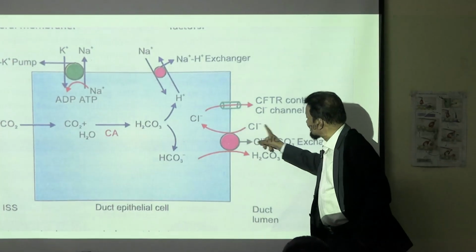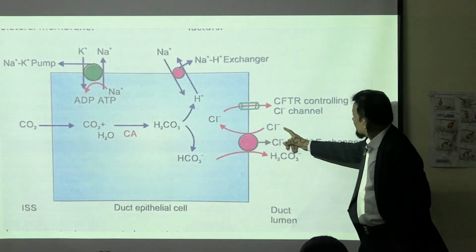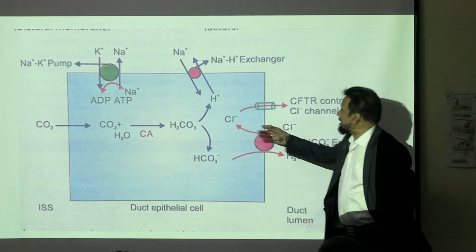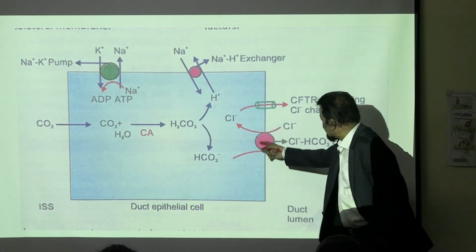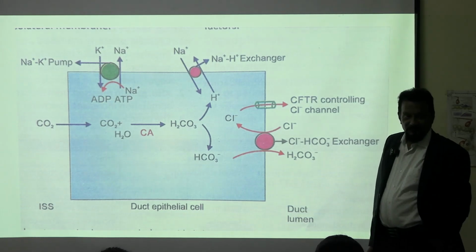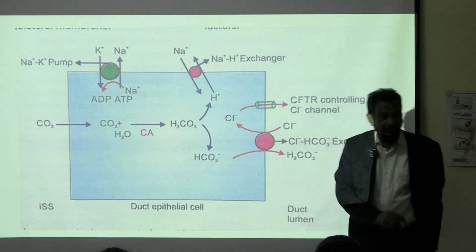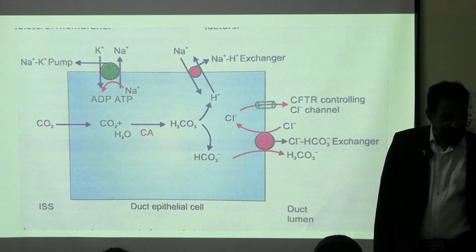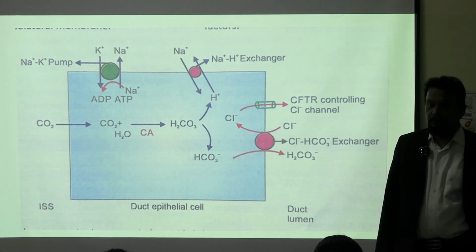In exchange, the ductal lumen has chloride ion, which enters the duct cells. So this is the chloride-bicarbonate exchanger. This is the main mechanism, and it requires energy, meaning breakdown of ATP.